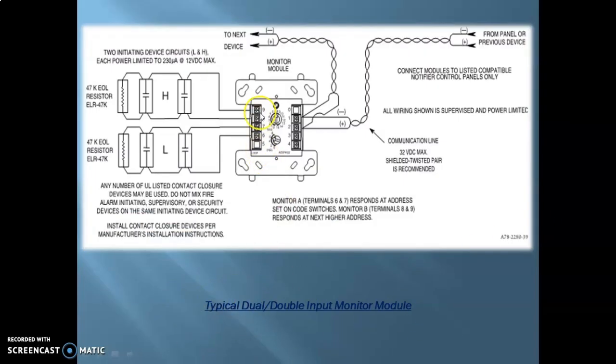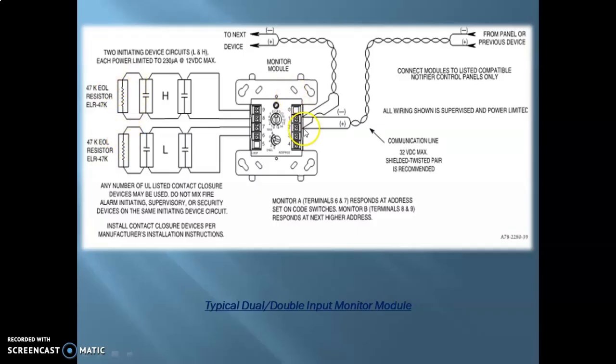Now, what this means is that there are two sets of outputs, similarly to the single input module. Instead of one set of outputs being used, you have two sets of outputs or contacts used in order to monitor multiple signals from multiple systems or devices that can be connected to it, and they're all connected in the same way with the 47 kilo ohm end of line resistor connected at the end.